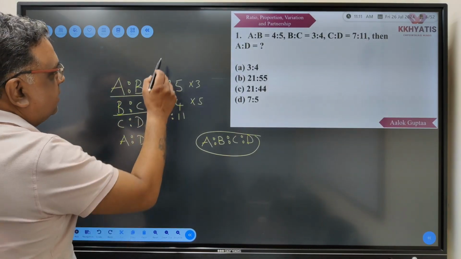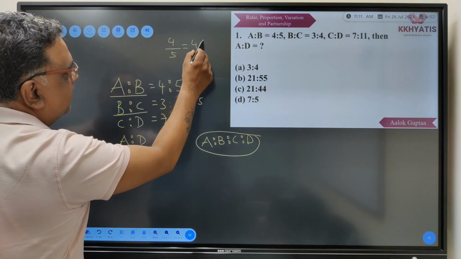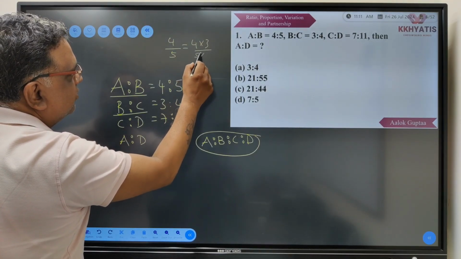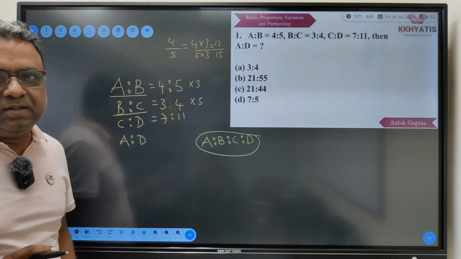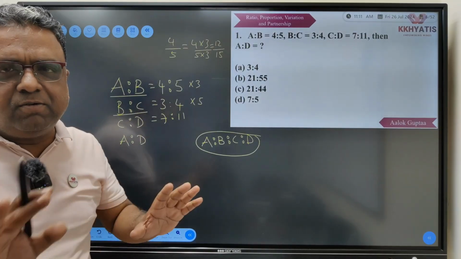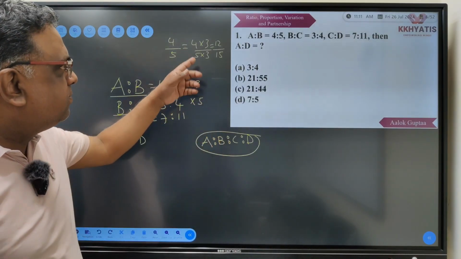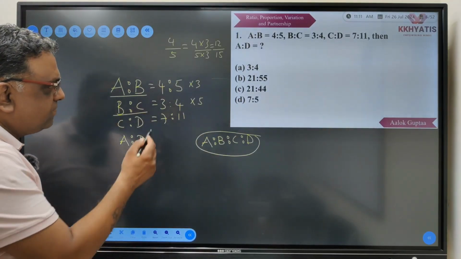Because if I am multiplying any ratio 4 is to 5 by 4 into 3 upon 5 into 3, the ratio still remains the same, right? Because it will still cut down and the ratio will finally come down to 4 is to 5. So there will be no change in the ratio if I am multiplying both the quantities by 3. Same way here.